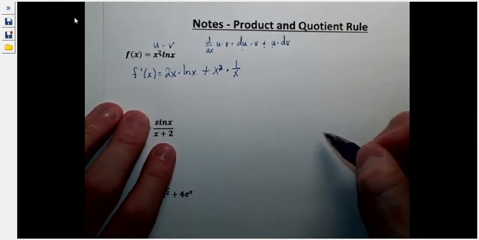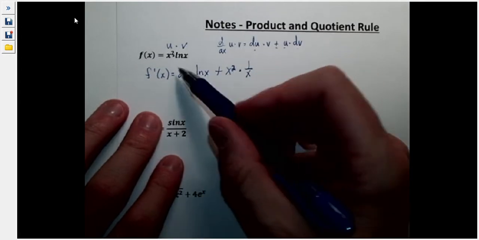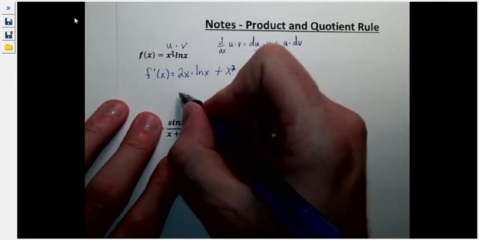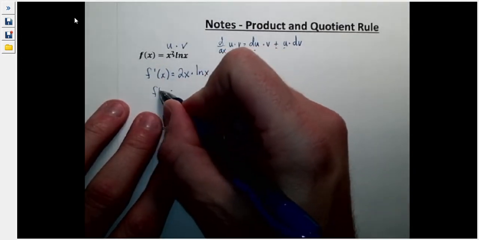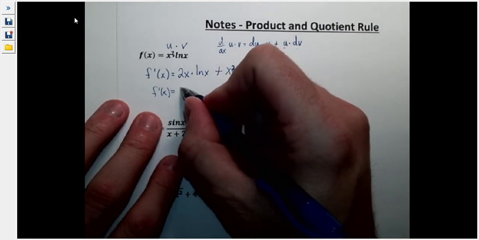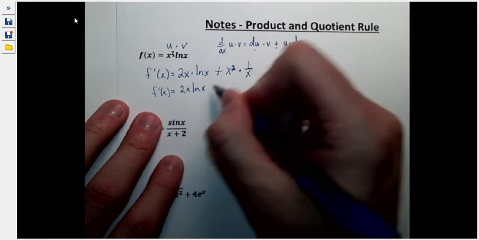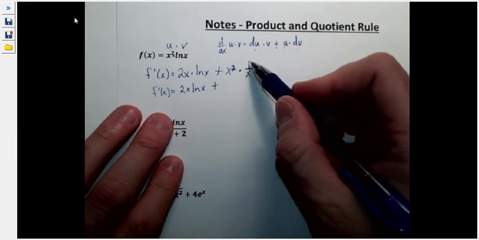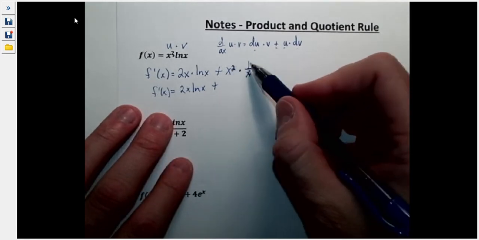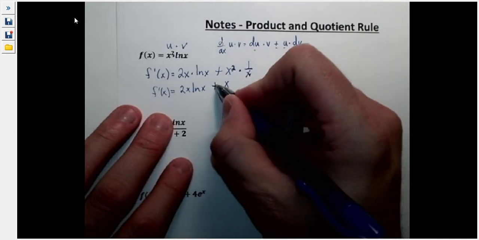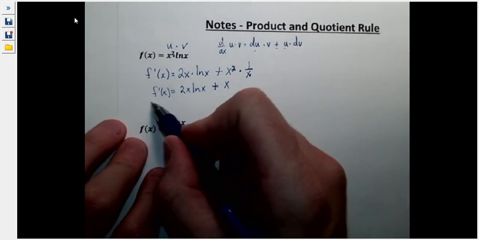Okay? And again, we didn't have anything to rewrite, but we do still have to simplify. So my f prime of x is going to be equal to 2x ln x plus, this would be x squared over x, and x squared divided by x is just x. And that's my derivative.